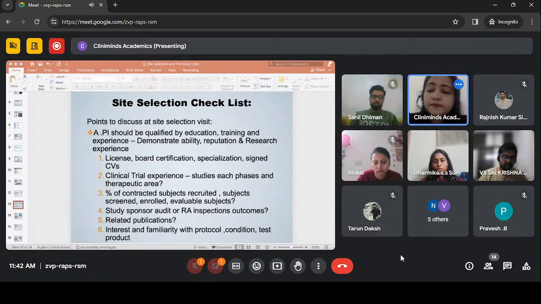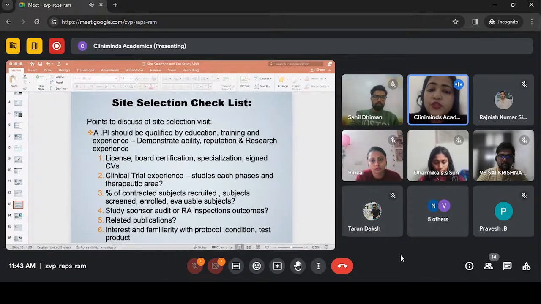Yes, GCP guidelines, they should be trained on GCP. ICMR guidelines, 21 CFR Part 11. This means they should be well trained on all the regulations, right?